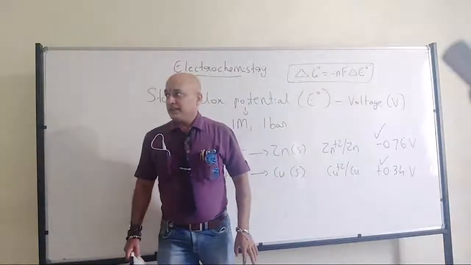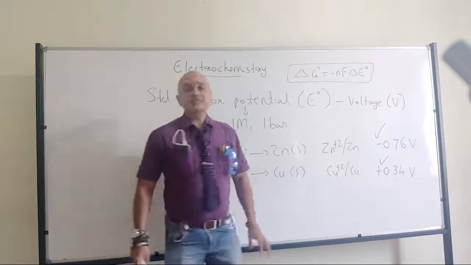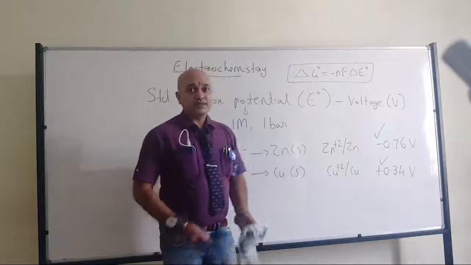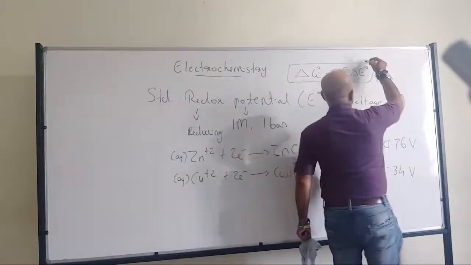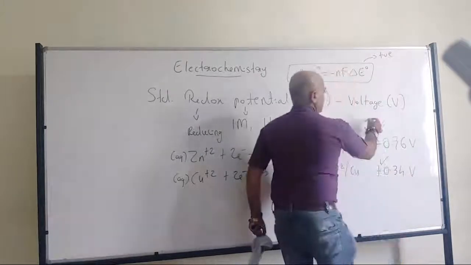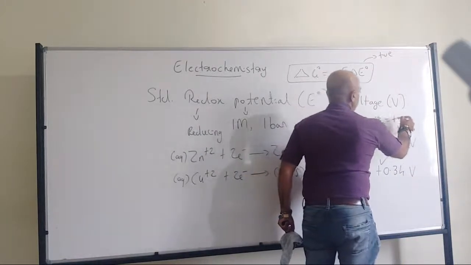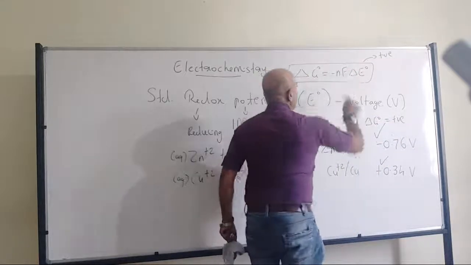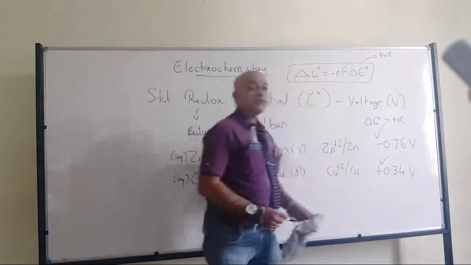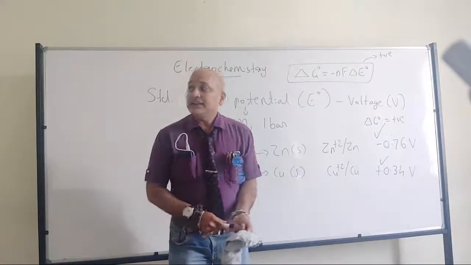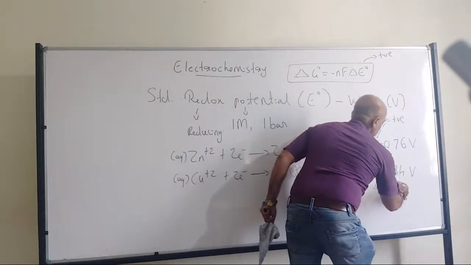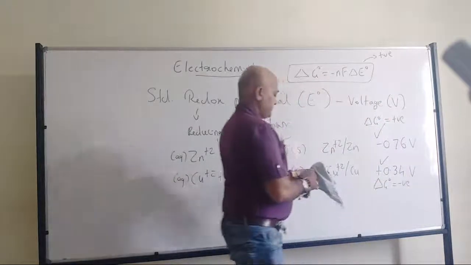Negative times negative becomes positive, so delta G naught becomes positive in the first case. If I put a positive delta E naught value, delta G naught remains negative, because the negative sign is already there. So delta G naught becomes negative.